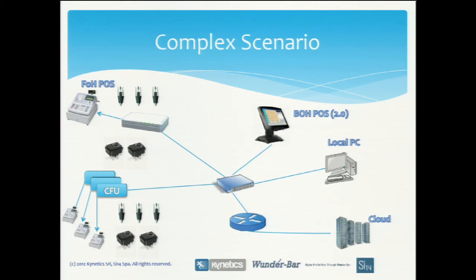A more complex scenario, for example for a casino on four floors, could have many CFUs on different floors, many points of sale, many spouts, and many beer flows. We have a switch. We can have a back of the house POS.